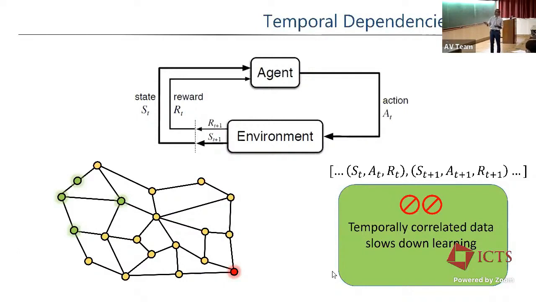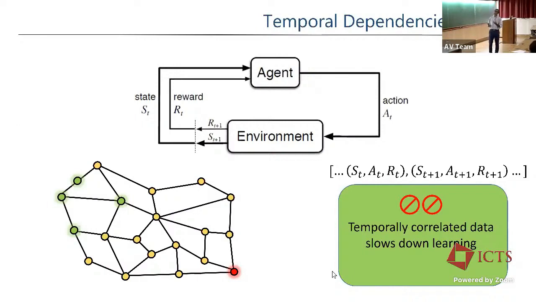And state ST and ST+1 need not be very far from each other. They might be very close to each other. So imagine that you are playing some move on a chessboard. One move will not completely change the picture unless you are a grandmaster. So your states are very correlated with each other, and that's why we cannot optimize this assuming that all the data points are independent of each other.